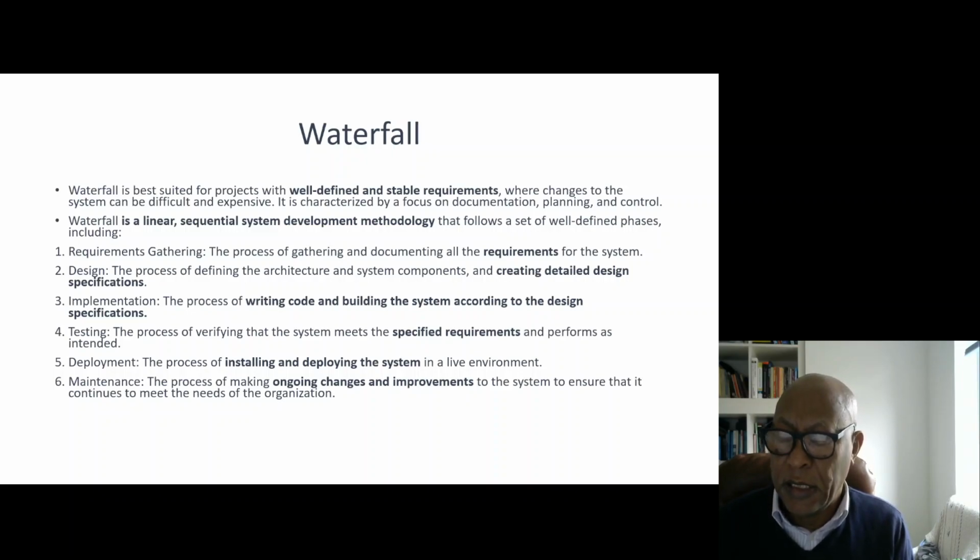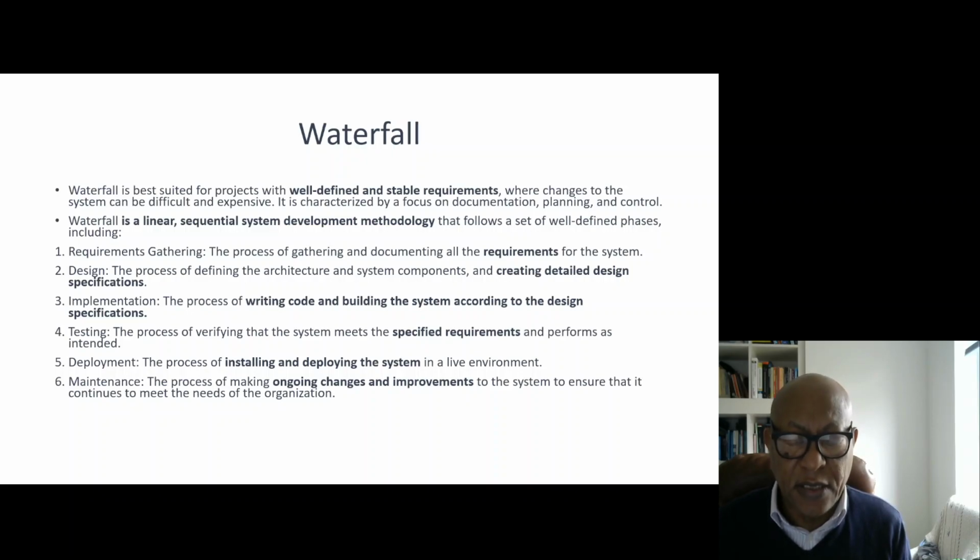In here, the design is creating a detailed specification, and then you develop that. The implementation is the process of writing the code, that is, you are implementing your design, once your design is guided by the requirements gathered from stakeholders.